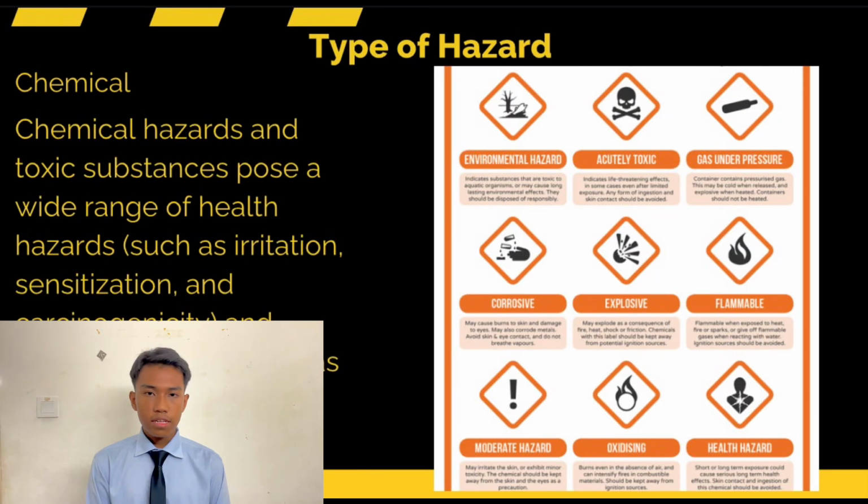The third hazard is chemical hazard. Chemical hazards and toxic substances pose a wide range of health hazards such as irritation, sensitization and carcinogenicity, and physical hazards such as flammability, corrosion and explosibility.